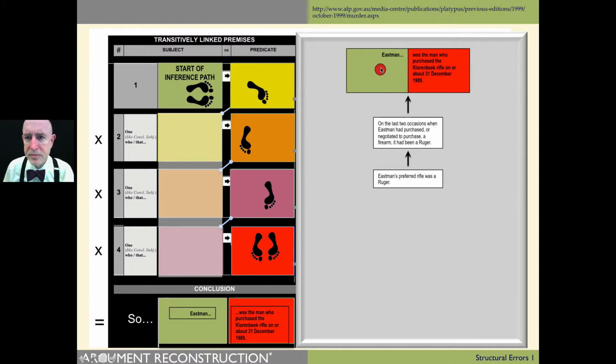So here we've taken the conclusion and we've put it into the categorical form. Eastman was the man who purchased the Clarenbeck rifle on or about 31 December 1989. And we put it down at the bottom of the logic bridge, right here.